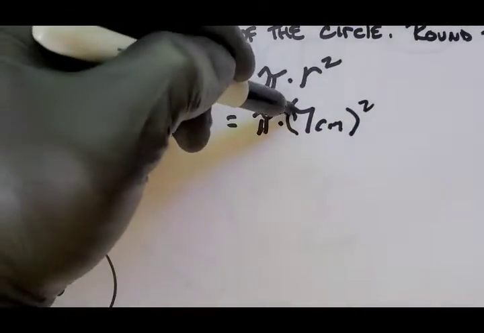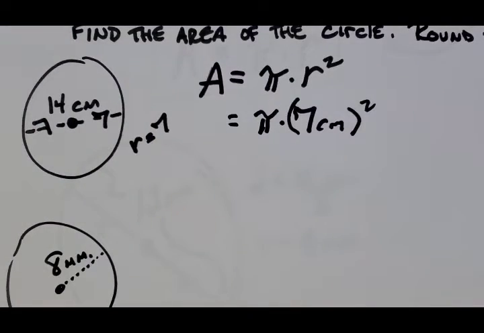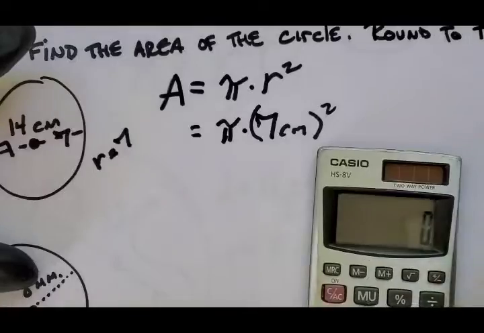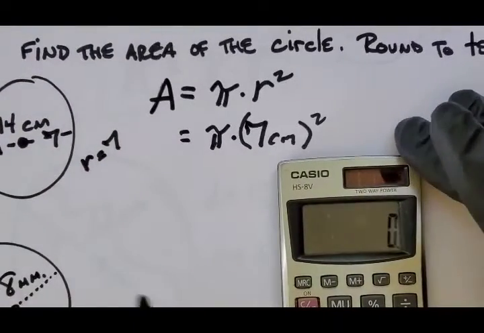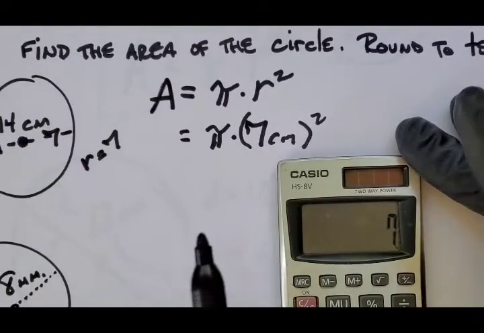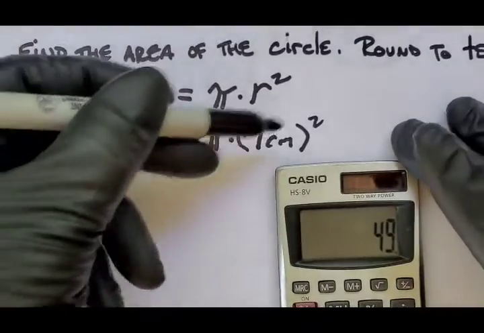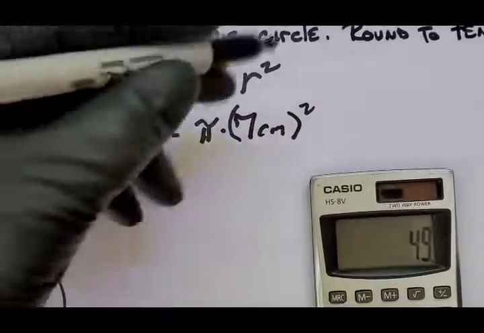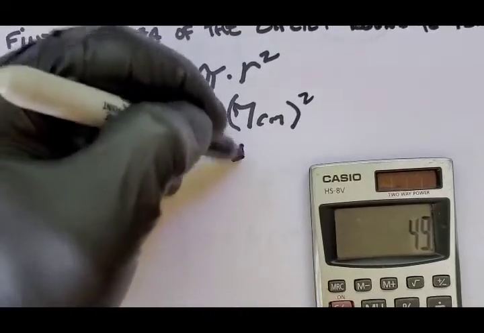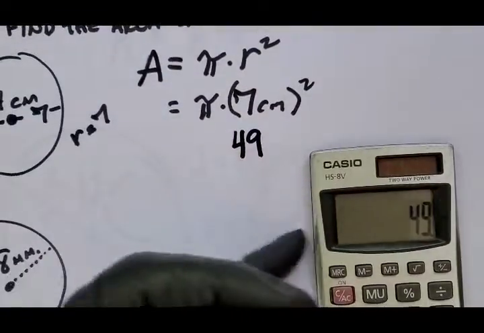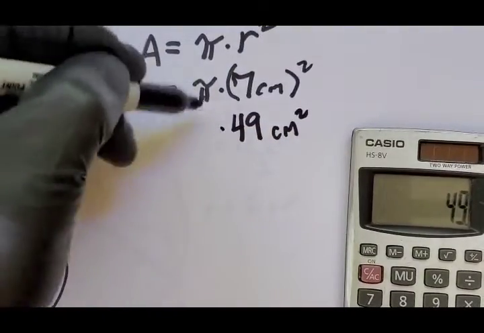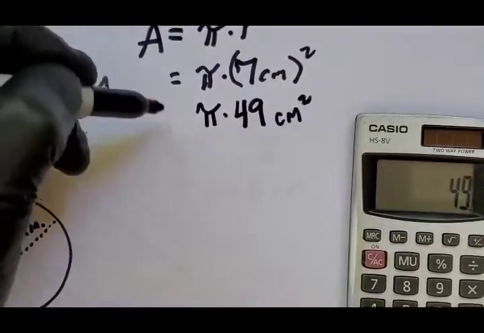Now, students, when they make a mistake, probably most often it's with this squaring of the units. Okay? So I don't know if you need a calculator. I don't think so, but 7 times 7 equals this squared part. Remember, your order of operations would get done first. So this becomes 7 times 7, which is 49. And then centimeters times centimeters is centimeters squared. And then times pi. Okay?